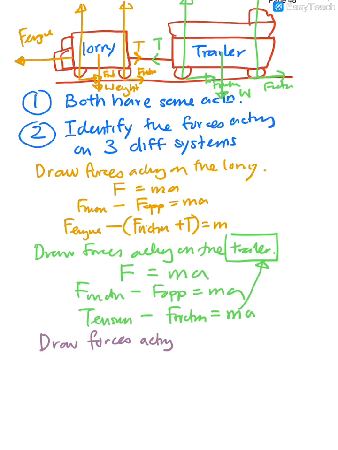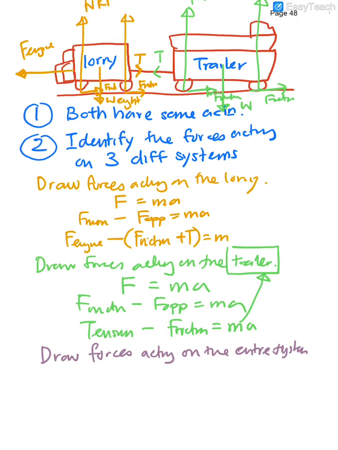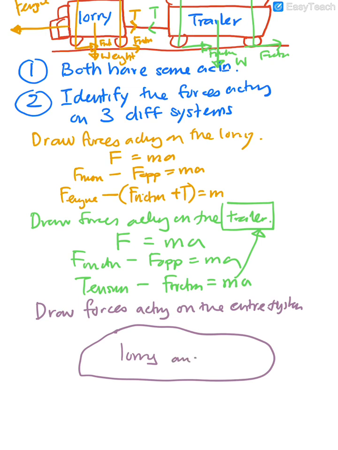Draw the forces acting on the entire thing. But isn't it just everything added together? Okay, here you have to be very careful. What is everything added together? So you look at this. Imagine the whole thing is now one gigantic thing, lorry and trailer.